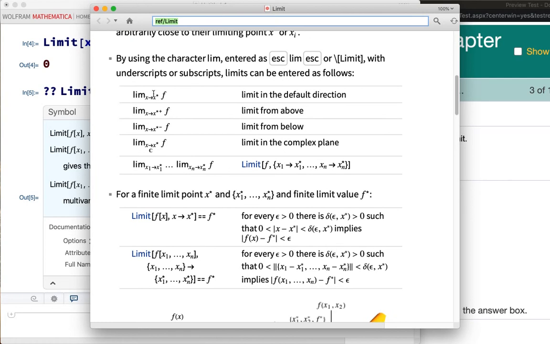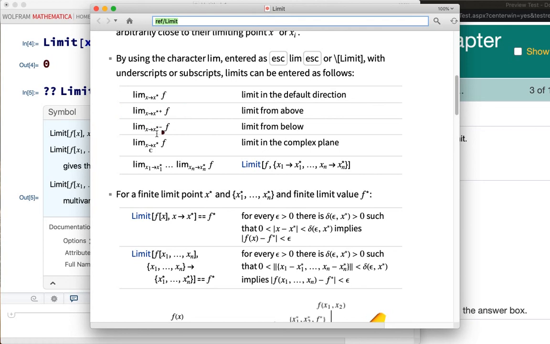Okay, so as you can see over here, limit as x goes to x star, where x star is simply a regular number. The limit as x goes to x star plus means the limit from above.